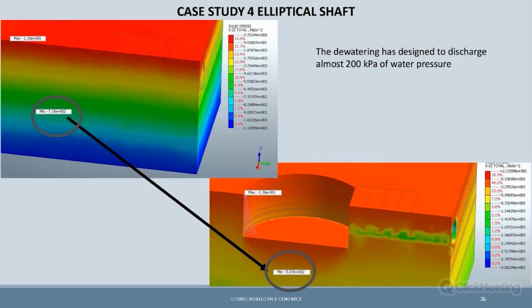This is the initial phase, where our initial pore pressure is minus 700 kPa, and we reached 500, in order to excavate without taking into account the uplift pressure of the water onto our slab.